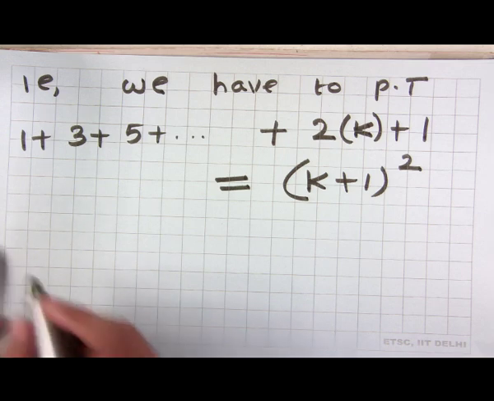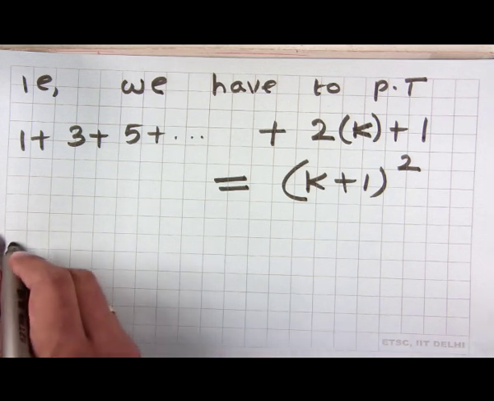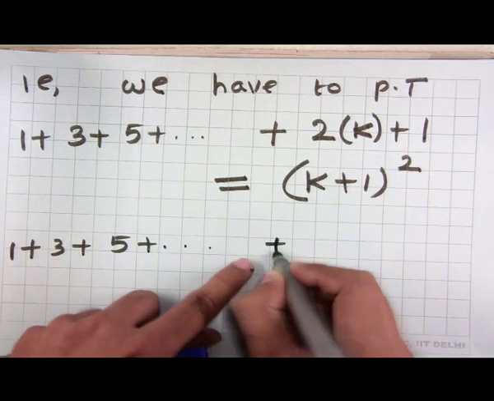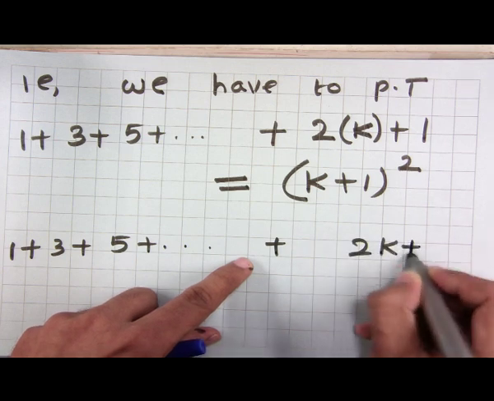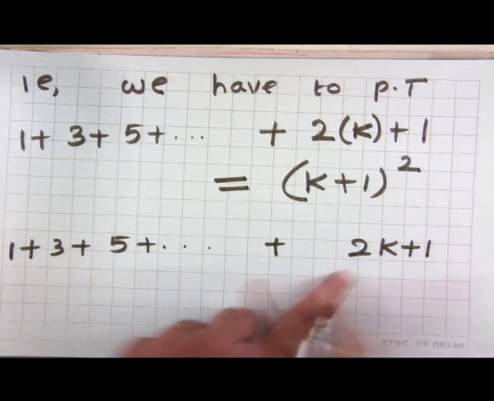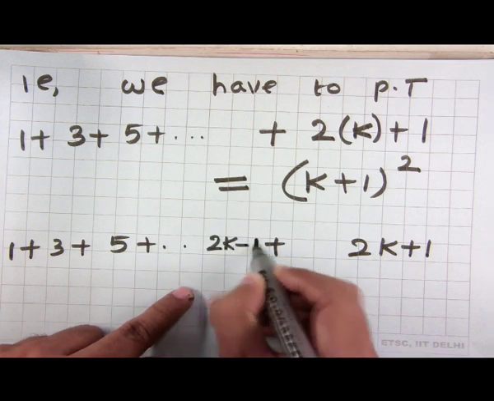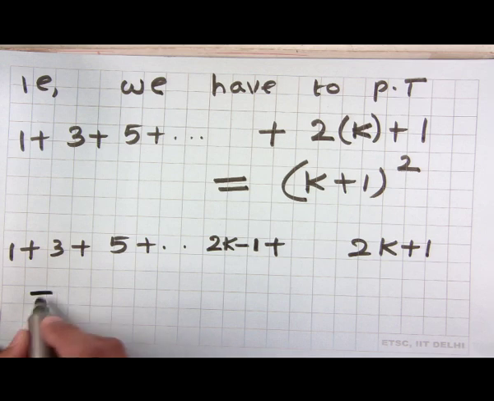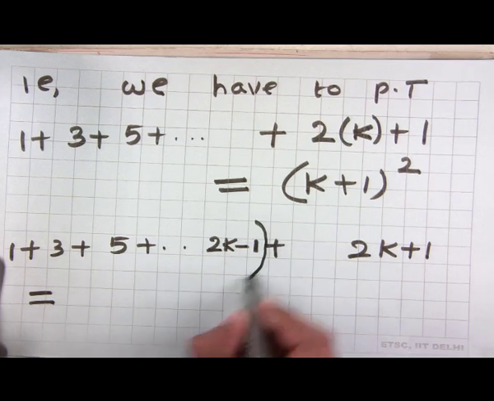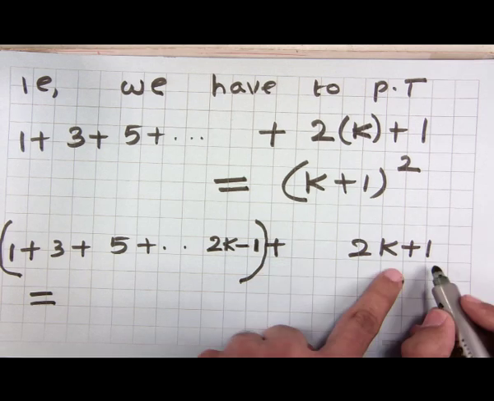As is practice, let us start with the LHS. 1 plus 3 plus 5 plus etcetera plus 2k plus 1. Remember, the odd integer previous to 2k plus 1 will be 2k minus 1. Let me group it, 1 plus 3 plus etcetera up to 2k minus 1, let me put in parenthesis, plus 2k plus 1.